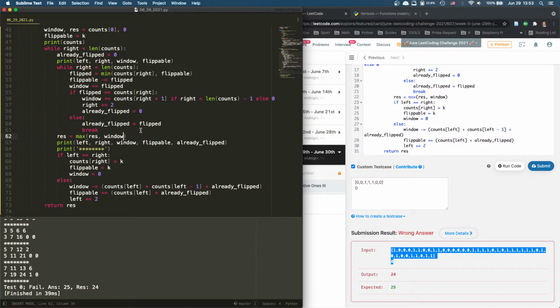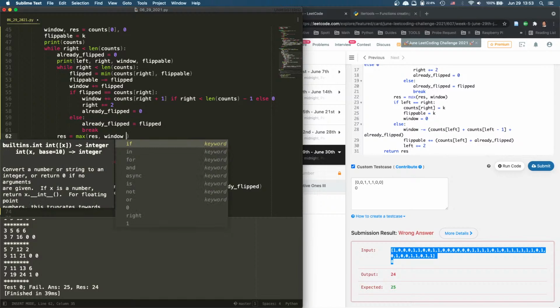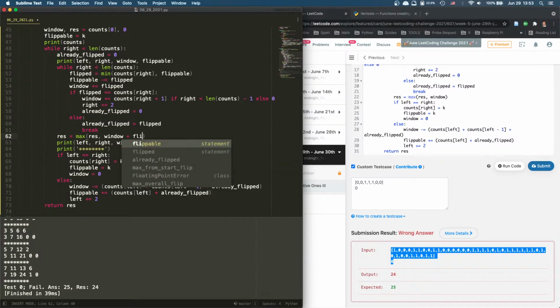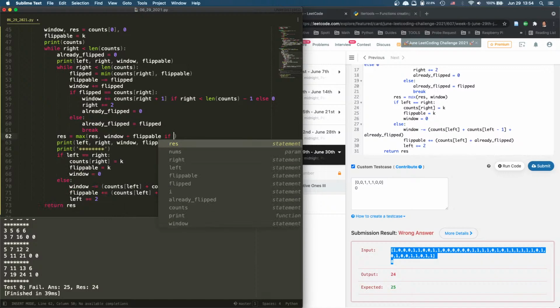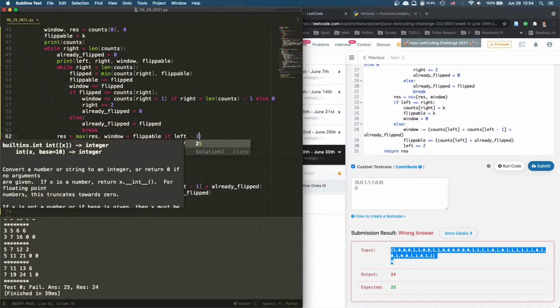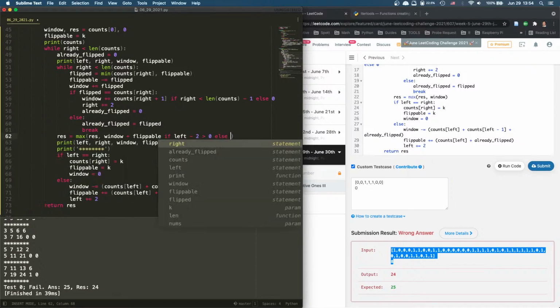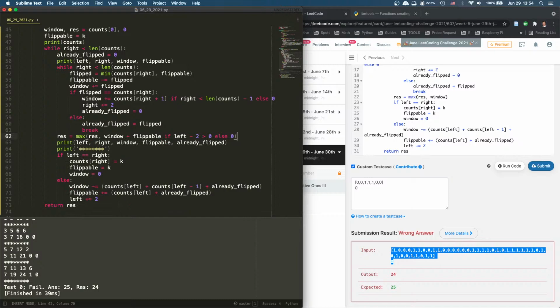Yeah. So we're gonna say window plus flippable if, right, if left minus 2 is larger than 0, else 0. So if left minus 2 is larger than 0, that means we still have more zeros to the left of left, and we can add flippable.